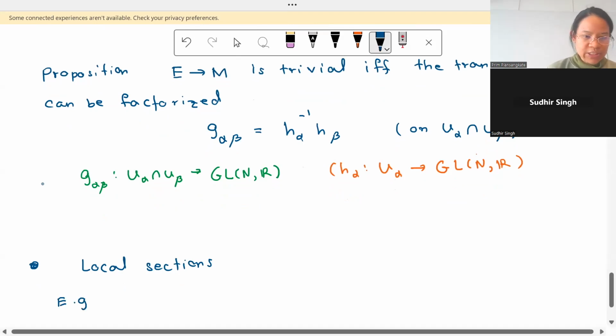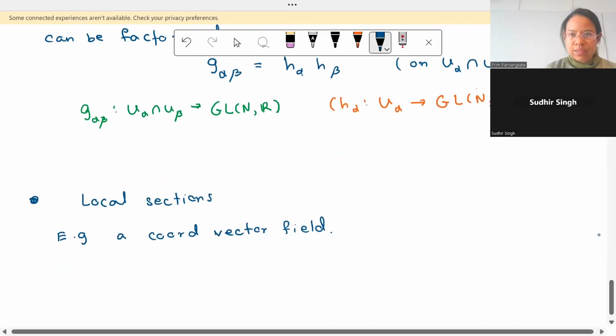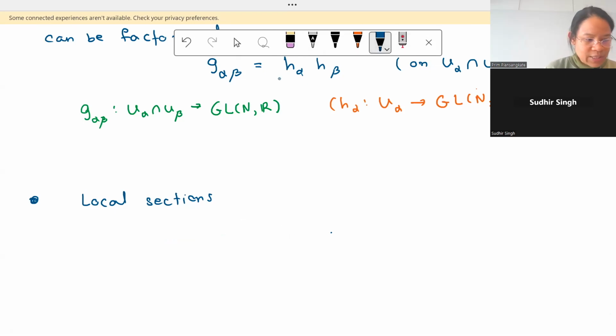An example of local sections are the coordinate vector field. So in fact, let me start with the definition, and then maybe I will talk about coordinate vector field later. I'm sorry. Let me just start with the definition. It's quick.